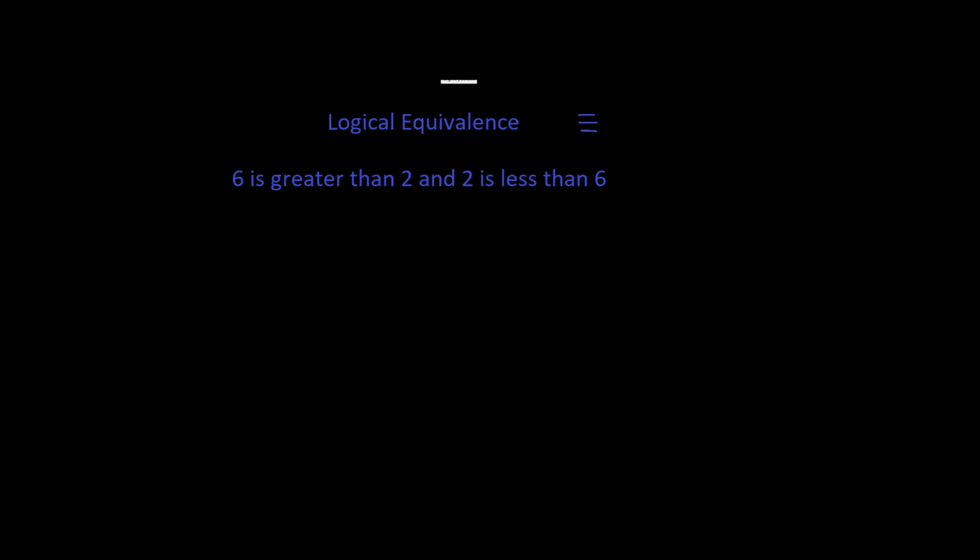This statement says 6 is greater than 2 and 2 is less than 6. And so let's write it out so we could see it more visually or symbolically. So 6 greater than 2. And we have this symbol here, and 2 is less than 6.